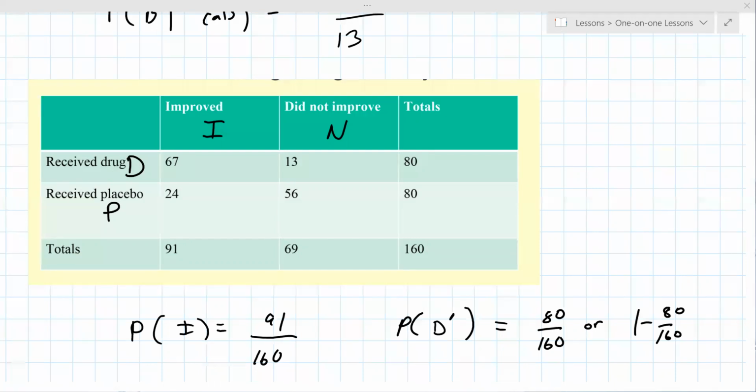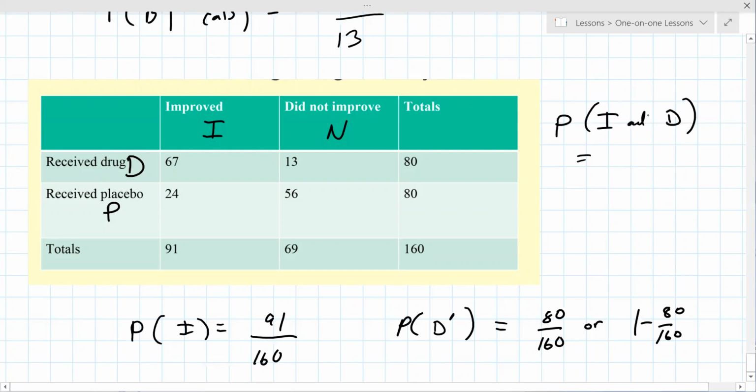Okay, so now the one that we've not done up until now is and. What's the probability of I and D? Whenever you see an and, it means you're looking at one cell. I and D is 67 out of 160 because it's just the one cell.